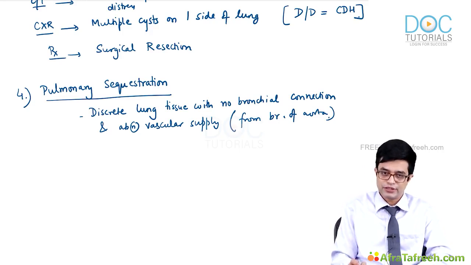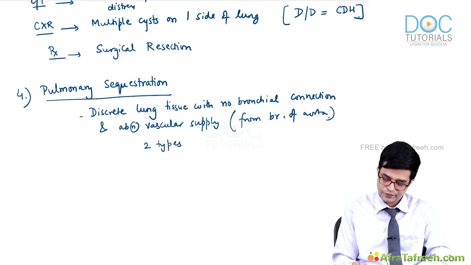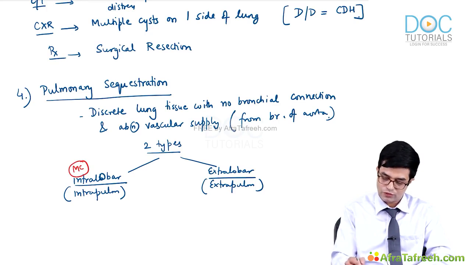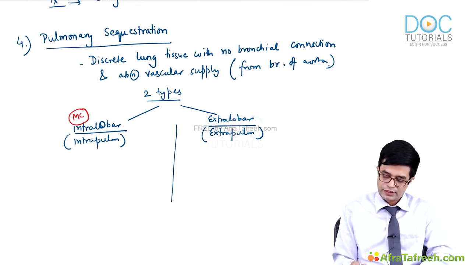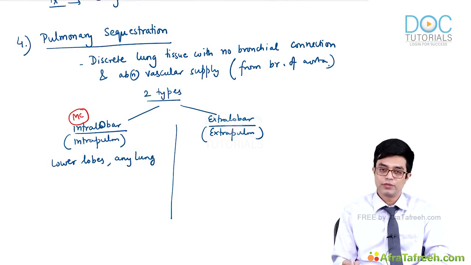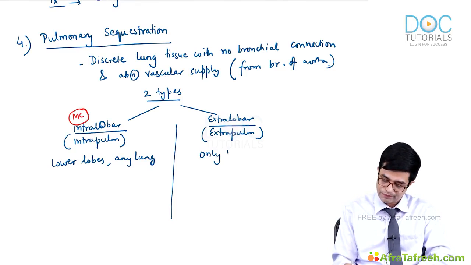Pulmonary sequestration is of two types. You have the intralobar form, also called intrapulmonary, and second is the extralobar form, called extrapulmonary. Which is more common? The intralobar form is more common. The extralobar form is rare. The intralobar form commonly occurs in the lower lobes, but any lung, either right or left, can be affected, whereas extralobar occurs only on the left side.